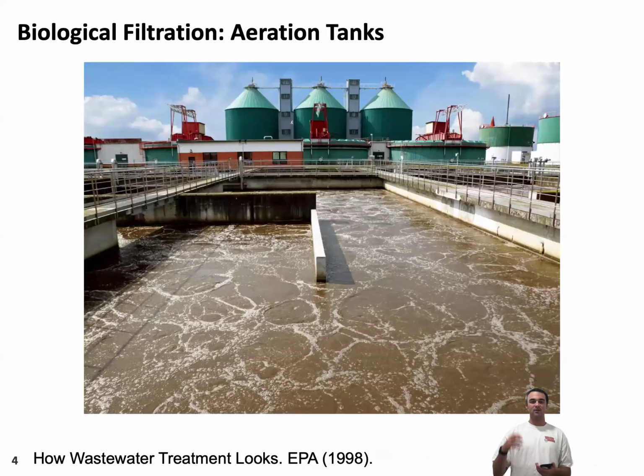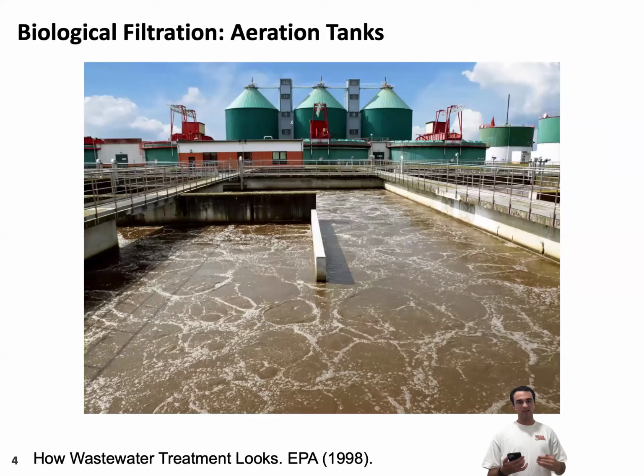And so the second component is the aeration tanks. And this is kind of the bulk of the filtration part, where these tanks are filled with millions of microorganisms, bacteria that basically eat away all the bad bacteria or anything that might be harmful in the water. So the water will first go through the screen, then it'll settle, and all the sludge will go down to the bottom.